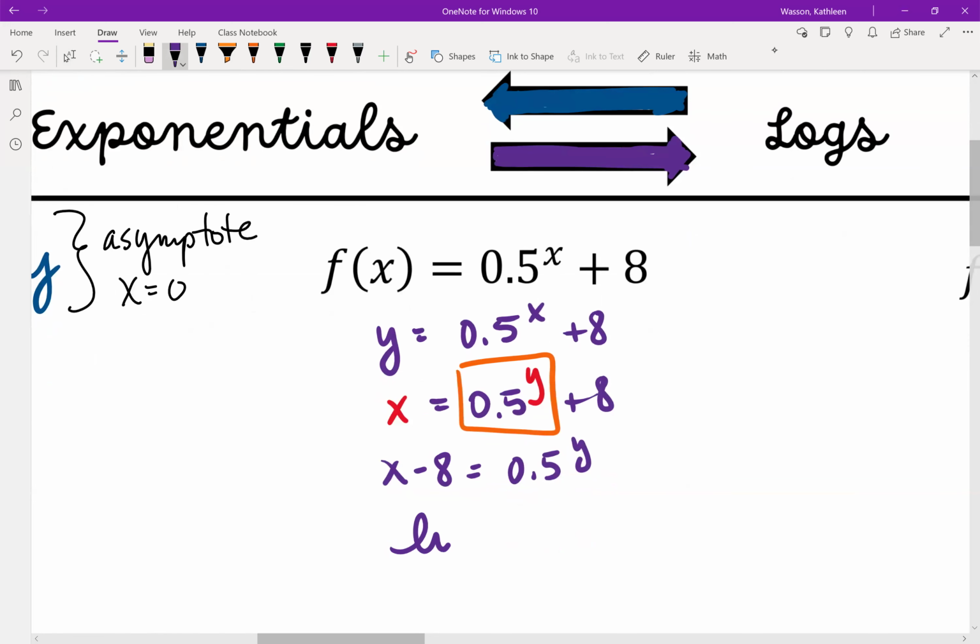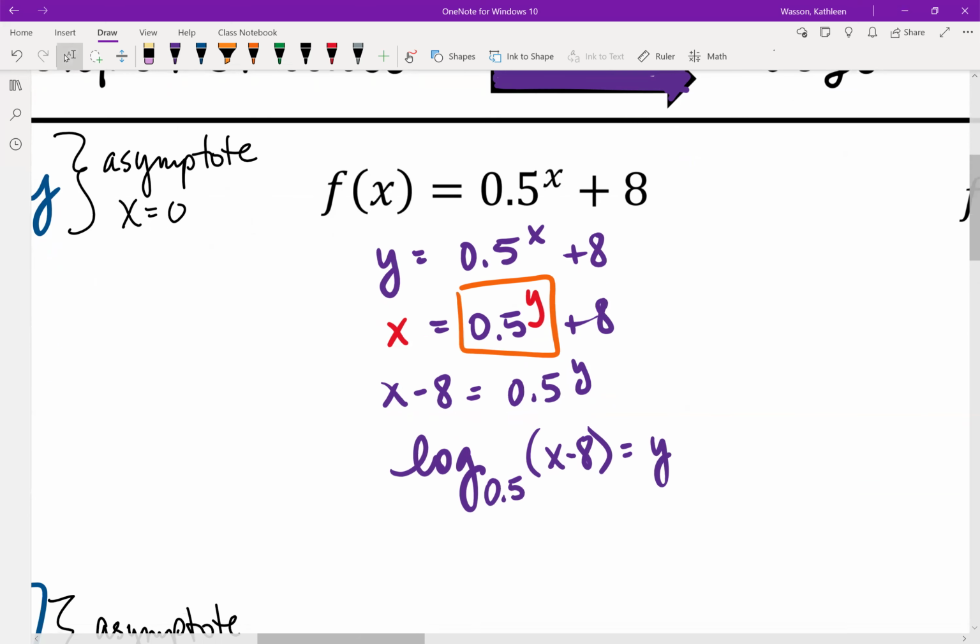So I'll write log. My base is going to continue to be 0.5. I'm taking the log of x minus 8. And that'll be equal to the exponent, y. So now I've found what y equals. I just need to write that as inverse notation, like this.